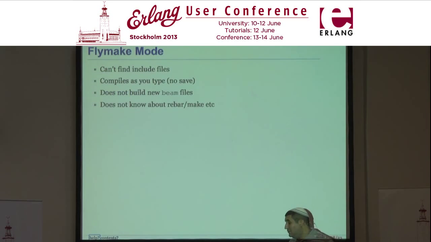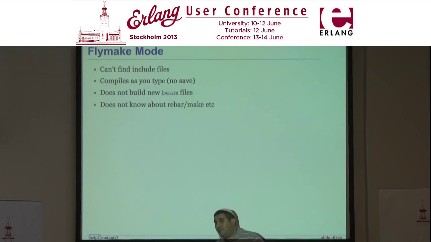Okay, so the first thing I used was Flymake mode, which is a mode for Emacs. As you type, it compiles. It literally saves a temp file somewhere, /tmp, I think, on a Unix-like machine, and compiles it. It's reasonably fast, but it doesn't know about include directories, so frequently it doesn't work because your file needs the project include file, which is over there.